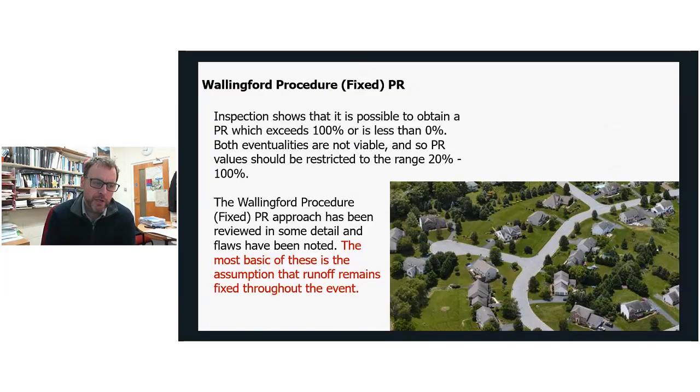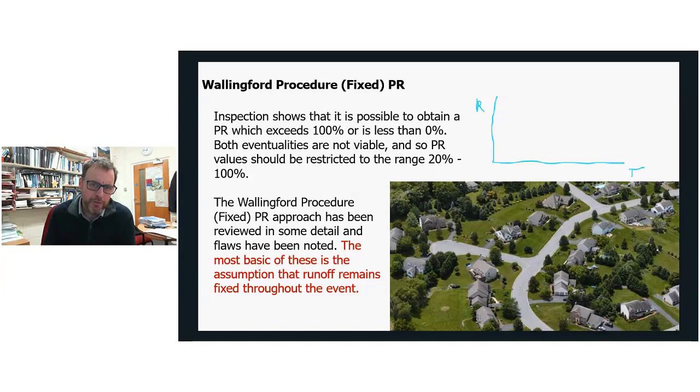The fixed PR approach has been reviewed in some detail and flaws noticed. The most basic of these is the assumption that runoff remains constant throughout the event. So we know that's not true. As you remember from the charts of the Horton equation, we had, let's do I for infiltration versus time, for a constant rainfall event.